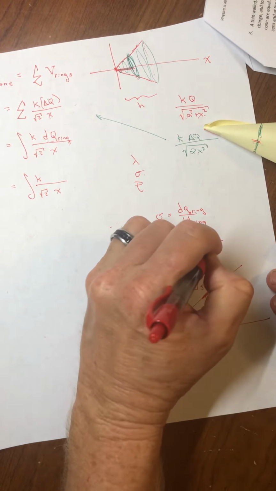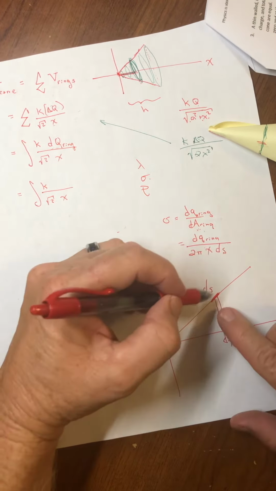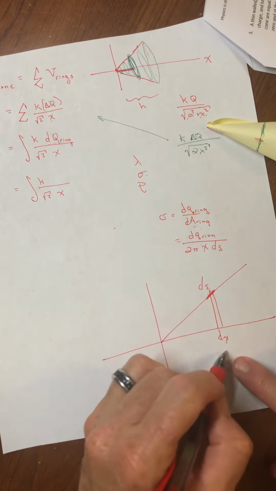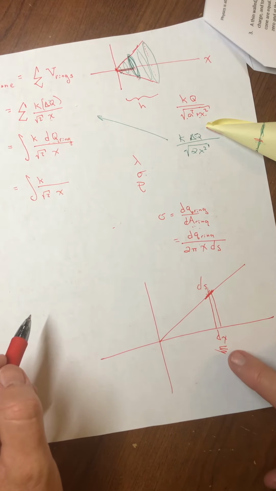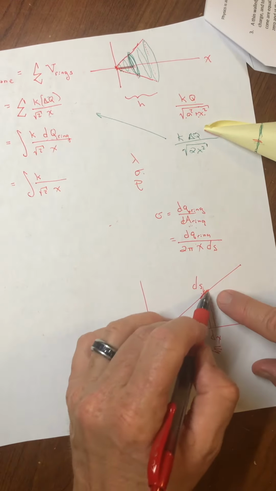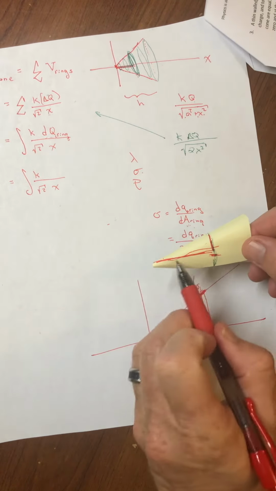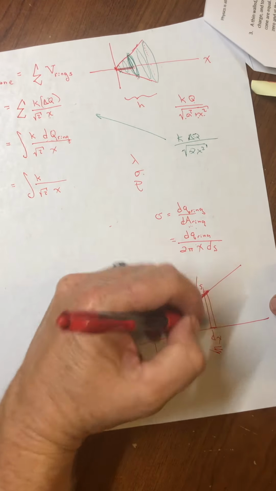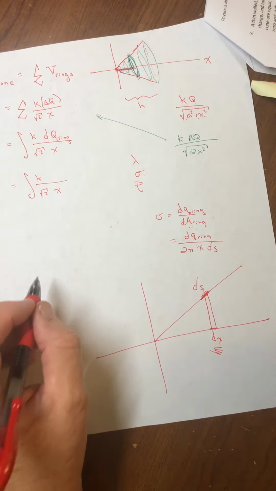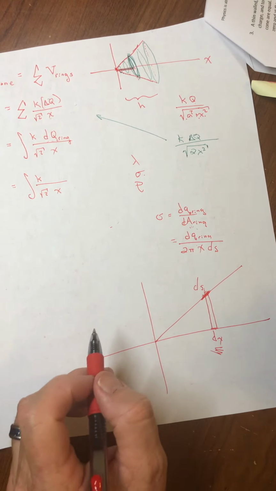So maybe I'll call it a ds, because this angled here would actually have a slightly larger length than dx. And so I want to be careful with that. I don't want to call this distance along the slope the same as the distance along the center line. Now, clearly there's a mathematical connection to them, and I want to find that. But let me just call it a ds for now.